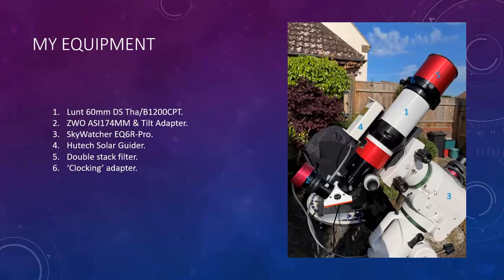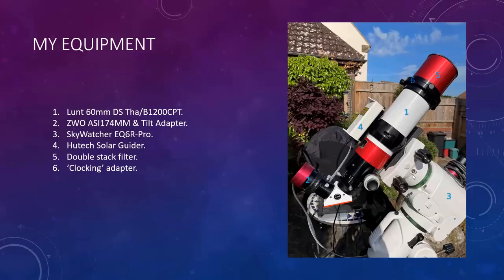Because I use it during the night time as well, it is nighttime polar aligned. So whenever you're doing solar imaging, if you're using an equatorial mount, you do need to be polar aligned. If you've done it already at night and left your scope out, then you're probably good to go. If you're bringing an equatorial mount out into your garden and you need to polar align, then you're going to need a compass or an iPhone or any sort of phone that's got a compass on it.